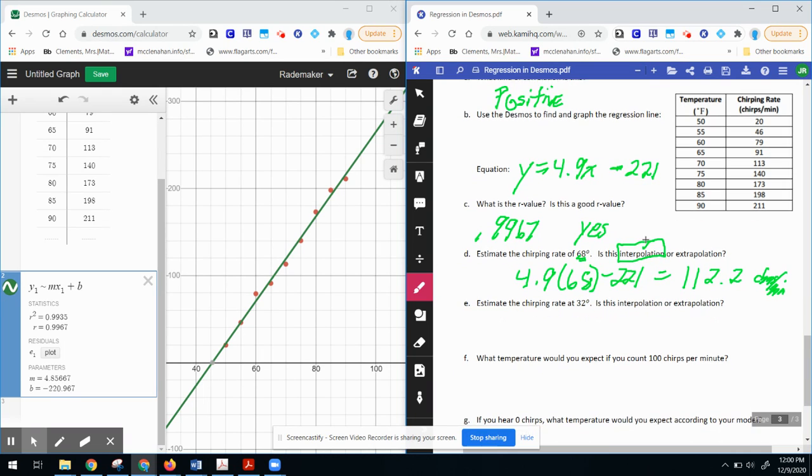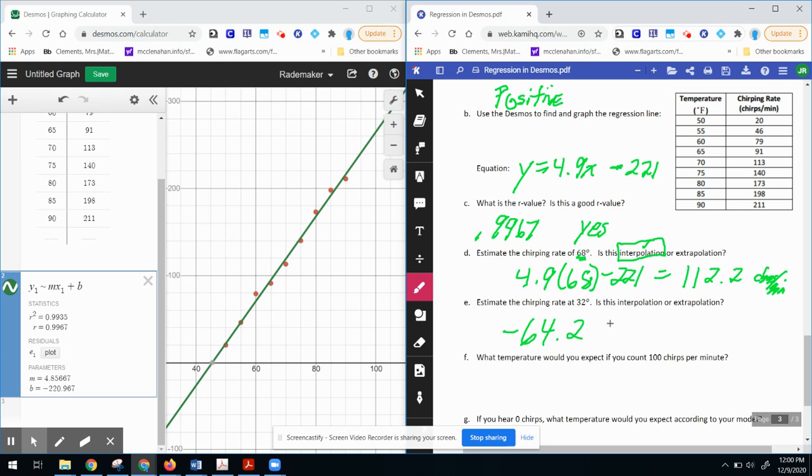The next problem is going to be the same thing. We're going to plug in 32 for x, and I'm not going to write it down, I'm just going to do it on the calculator. So 4.9 times 32 minus 221. It gives you a chirping rate of negative 64.2.